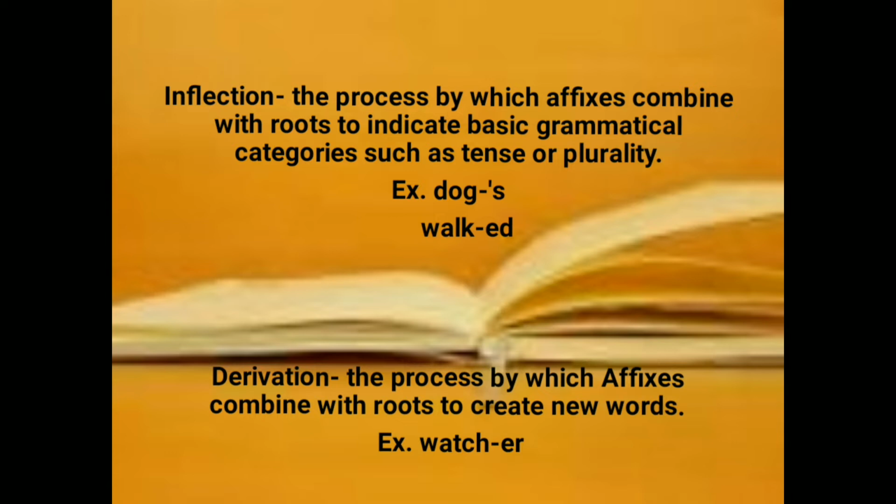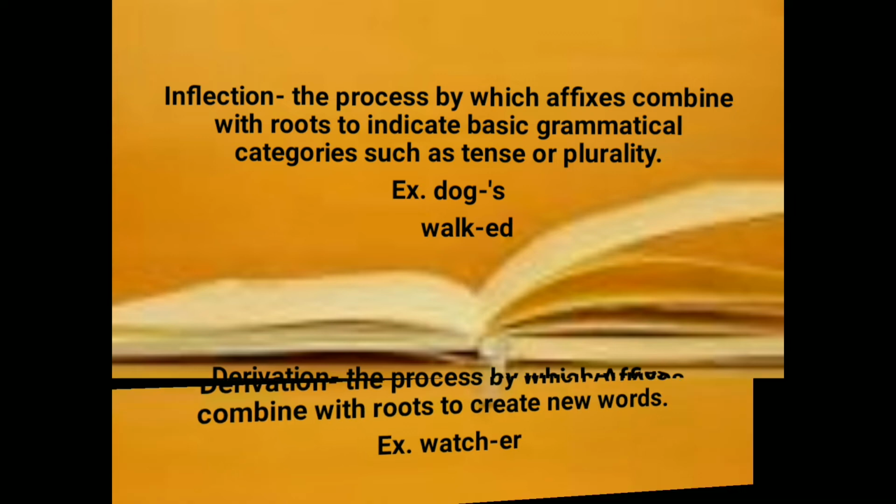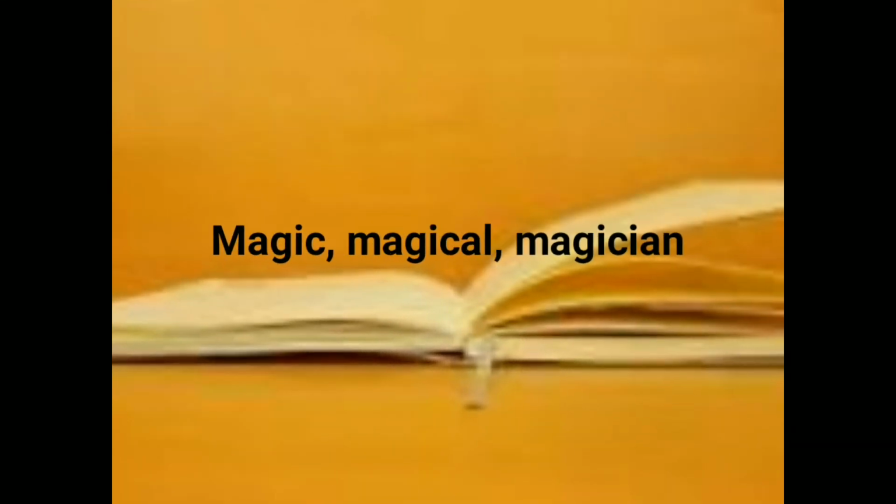Inflection is viewed as the process of adding very general meanings to existing words, not as the creation of new words, while derivation is the process by which affixes combine with roots to create new words. For example, watcher. Derivation is viewed as using existing words to make new words.